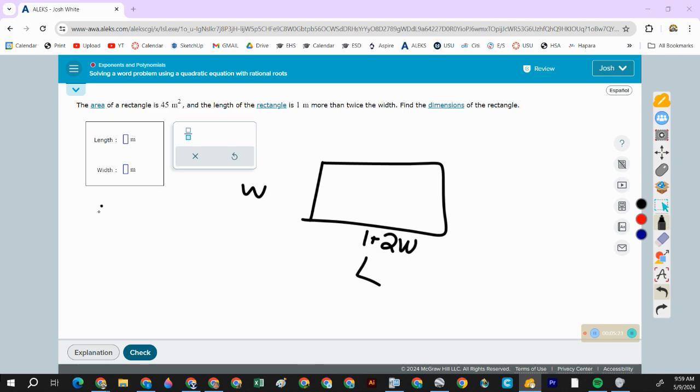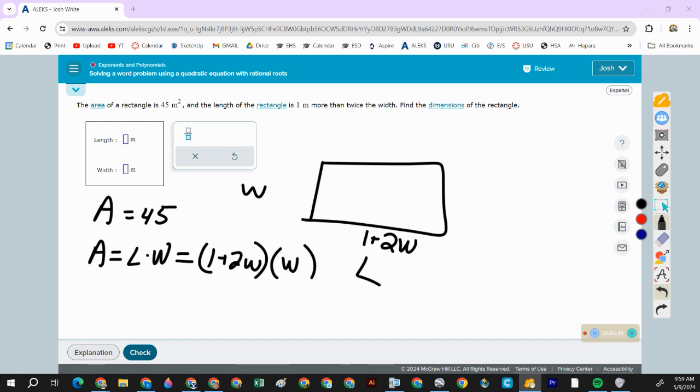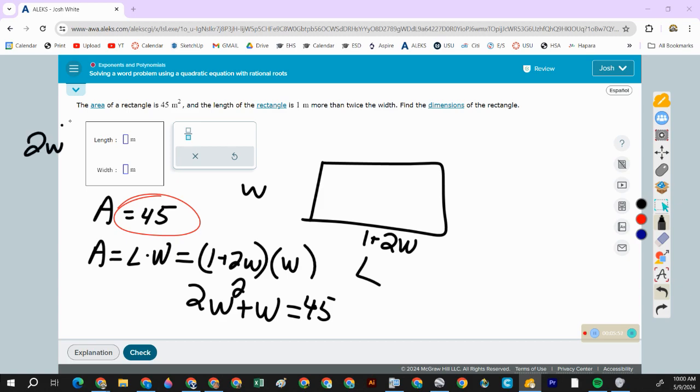So the area is 45, and the area is also L times W, which is 1 plus 2W times W. So I get 2W squared plus W, but that is equal to the area of 45. So 2W squared plus W minus 45 equals 0.